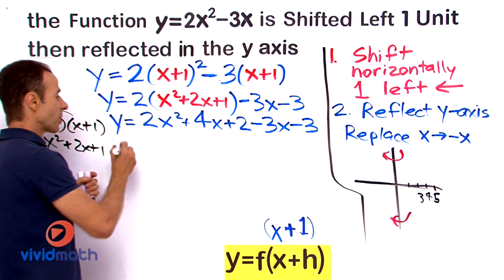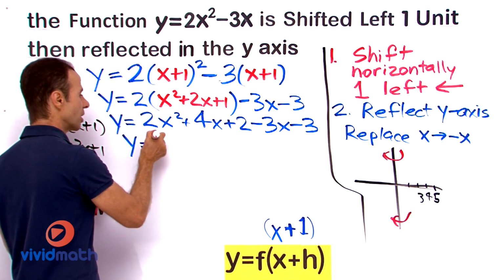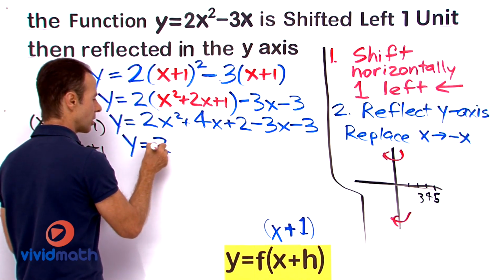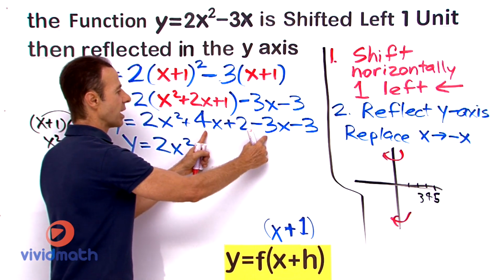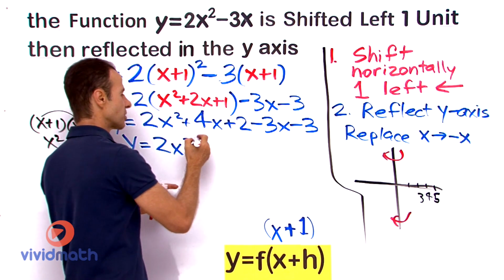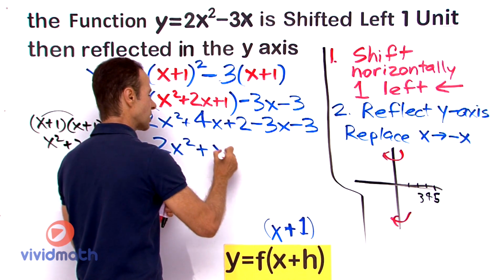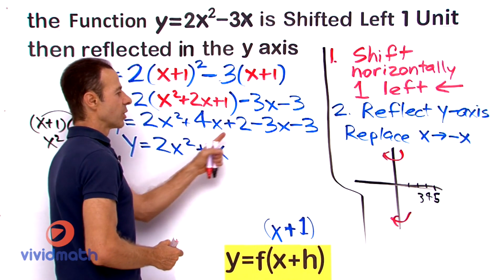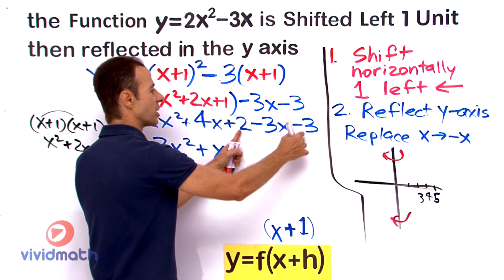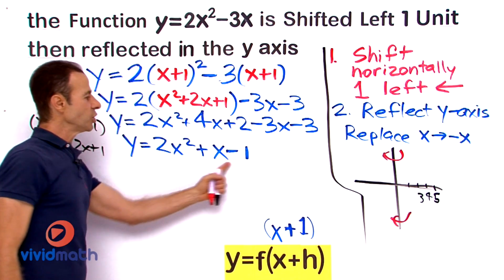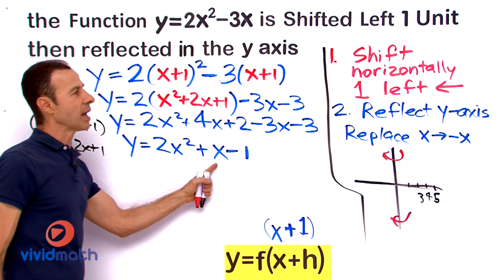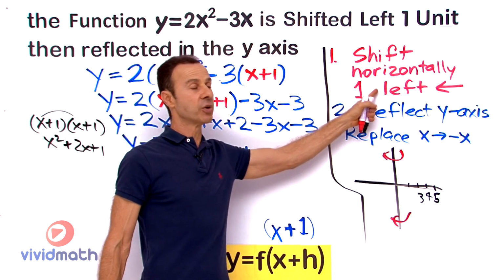So 2x squared is by itself, so it's y equals 2x squared. We've got a 4x minus 3x. 4 minus 3 is 1x. So that's plus x. And then we've got a plus 2 and a minus 3. 2 minus 3 is minus 1. So that's our new function now that we have shifted it 1 unit to the left.